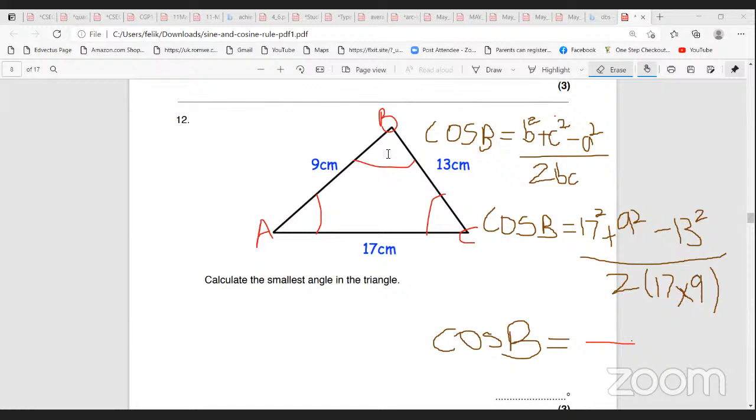So we have the 201 as our numerator, and 2 times 17 times 9. That is 306. So divide 201 by 306.